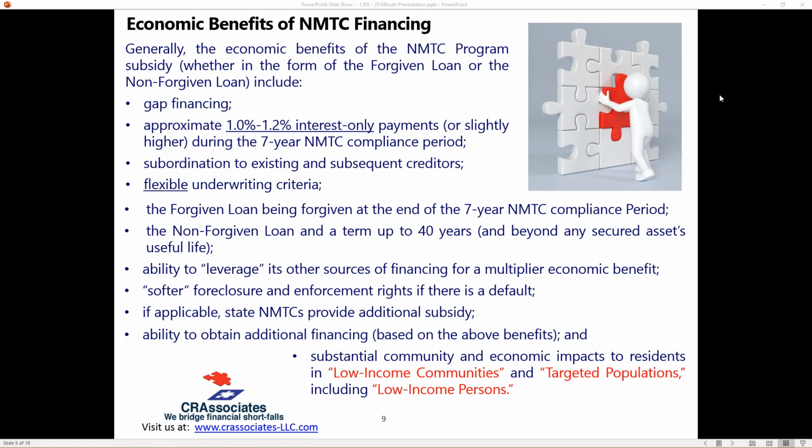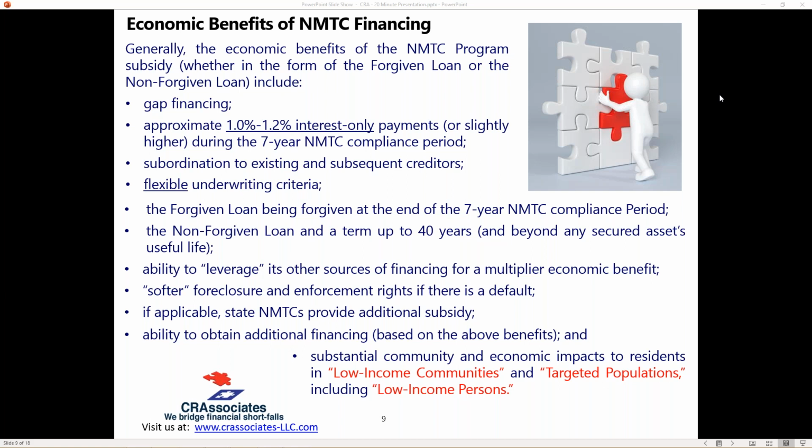A foreclosure can arise if the borrower defaults in making its below-market interest-only payments during the 7-year compliance period, or the borrower otherwise breaches the terms of its financing documents for whatever reason. In such a case, if principal is paid back during the 7-year compliance period, the program requires that such principal be redeployed to another low-income community within 6 months.